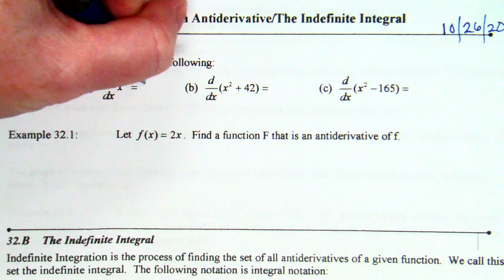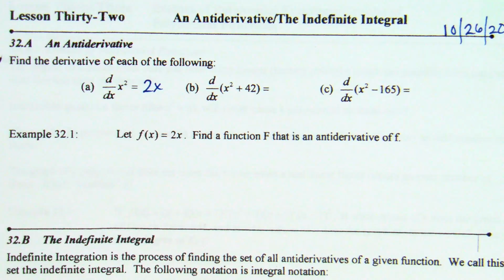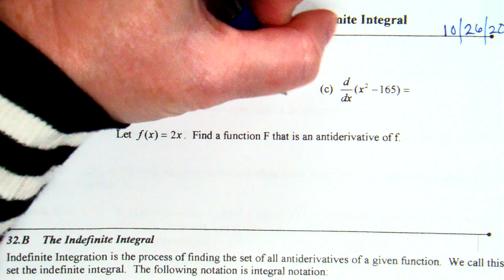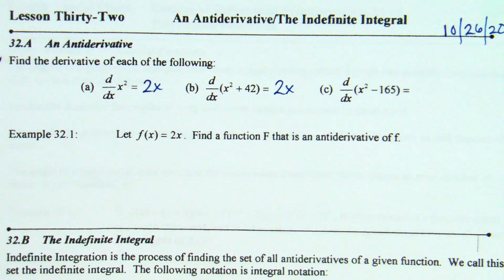Part B: find the derivative of x squared plus 42. 2x, because the derivative of 42 would be 0. Find the derivative of x squared minus 165. 2x.